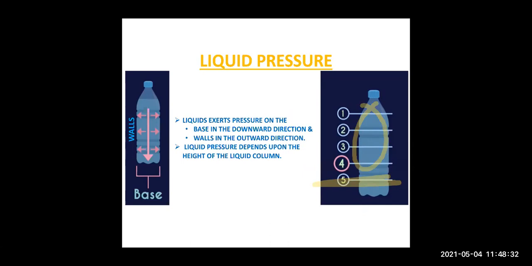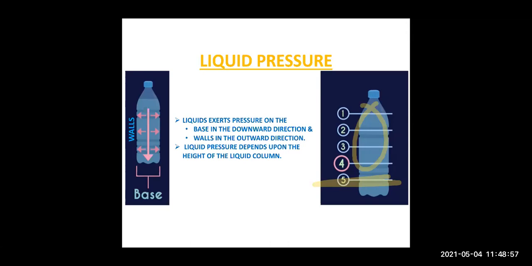So the weight is increasing as we are going down, as the depth is increasing, the weight above that also increases. So as the weight above a point is increasing, the liquid pressure is increasing.